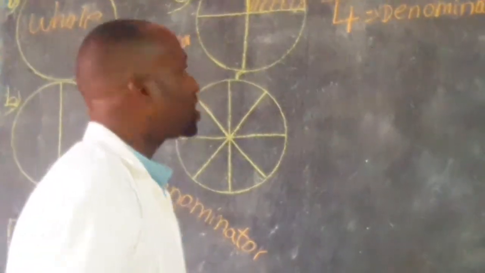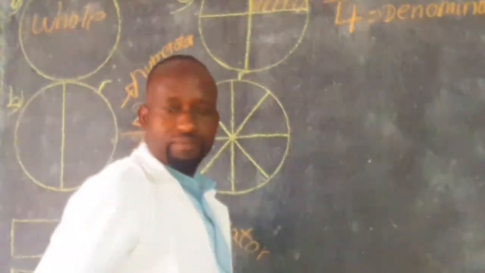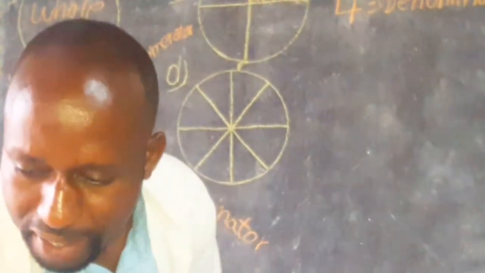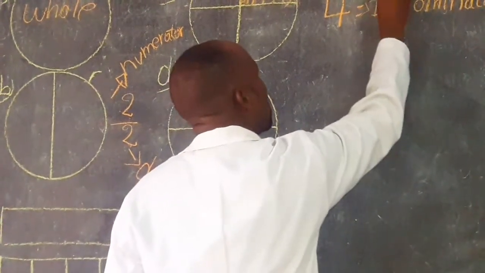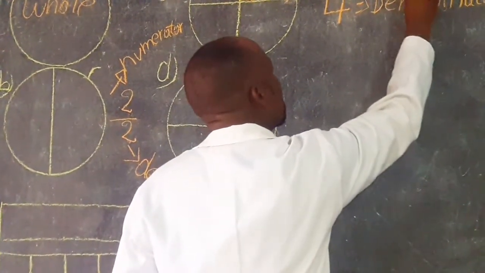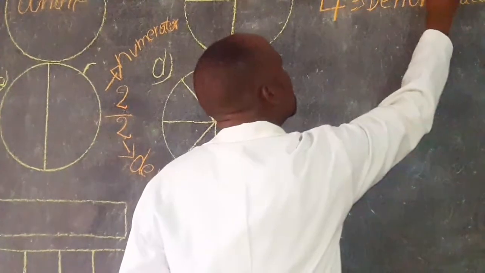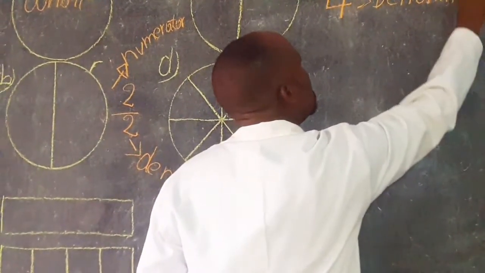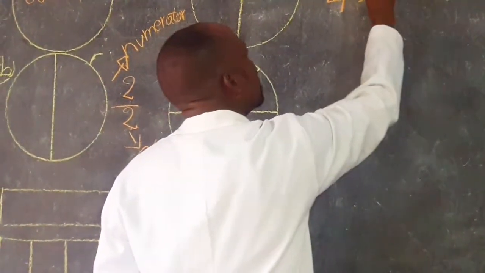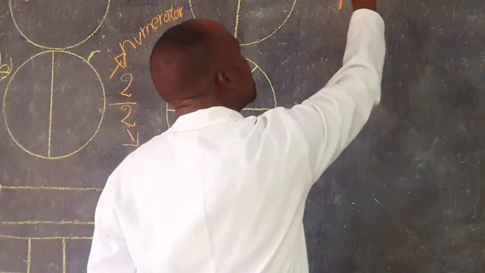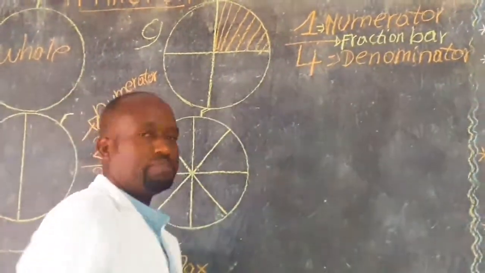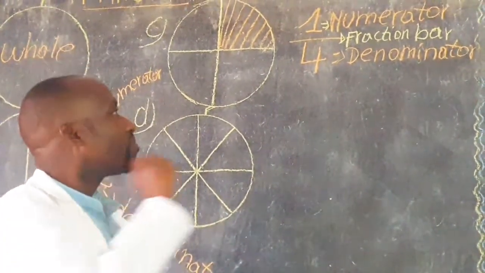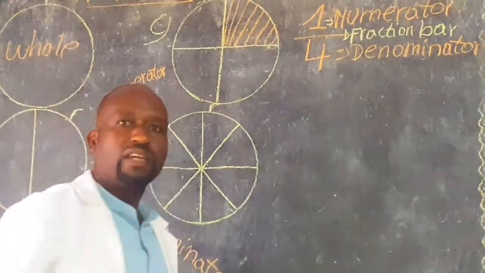And in a fraction, this line is called the fraction bar. Numerator and denominator.